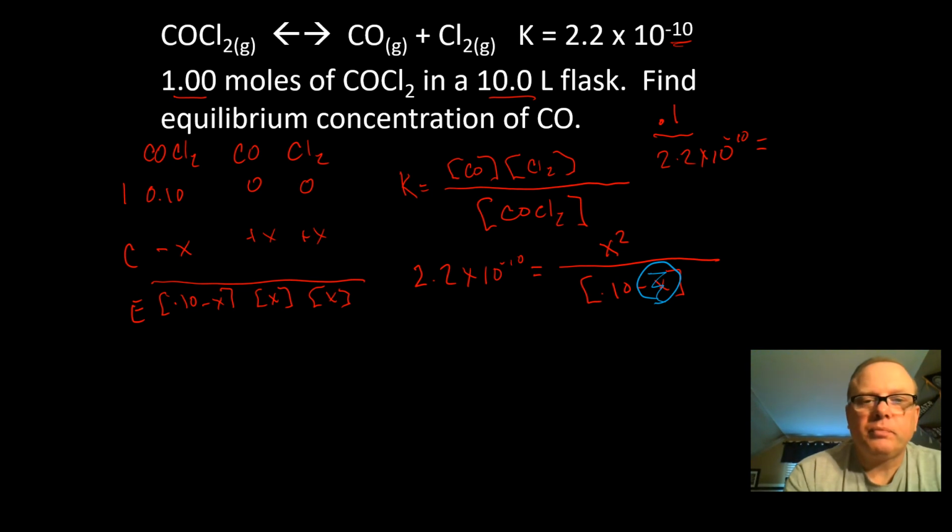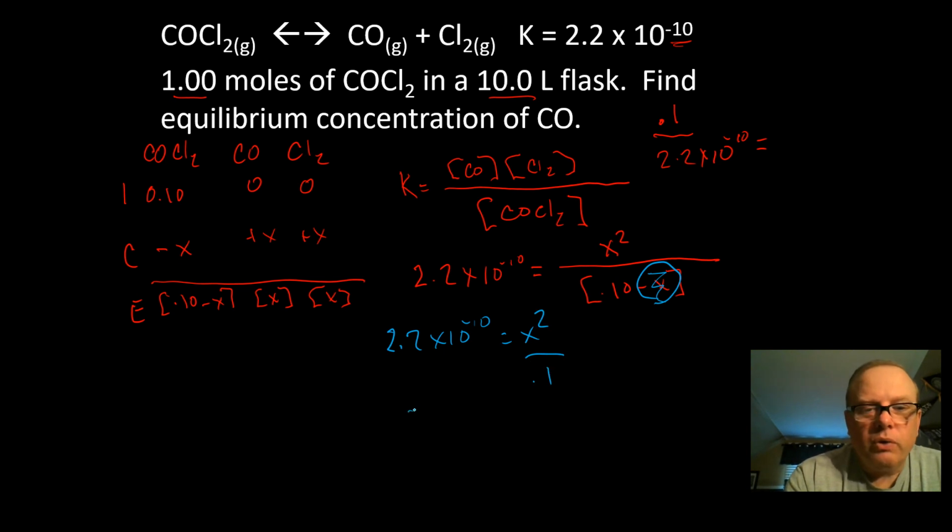All right. Now when we go to solve, what I now end up with is this. 2.2 times 10 to the negative 10 is equal to x squared over 0.1. So therefore 2.2 times 10 to the negative 11th is equal to x squared.